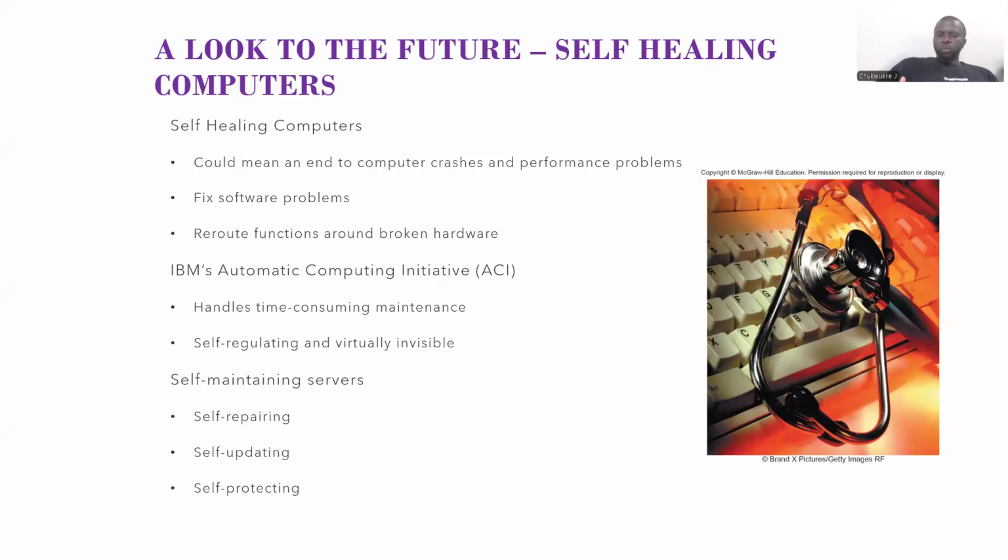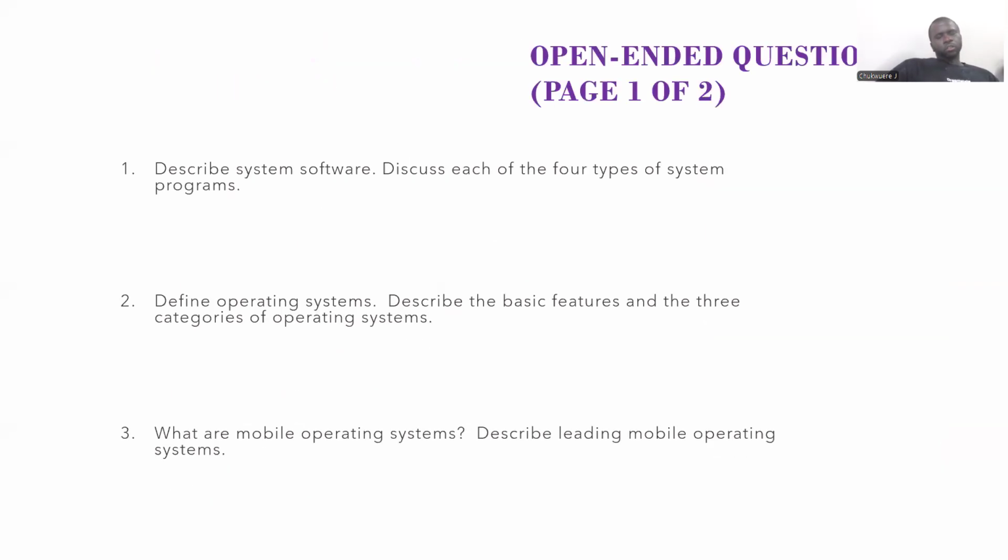The system will automatically close those things, erase what should be erased, and optimize the performance of your computer. So these are different kinds of things we are seeing today into the future. A self-maintaining server can repair itself, update itself, and protect itself against malicious attacks.